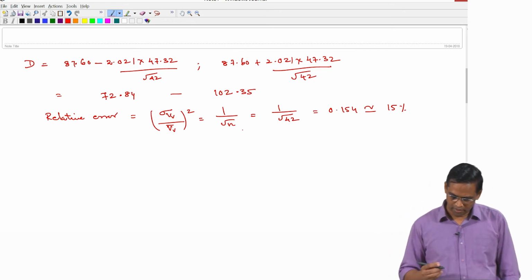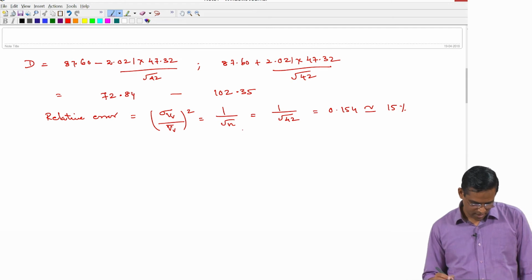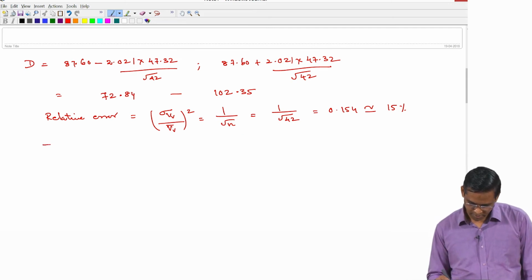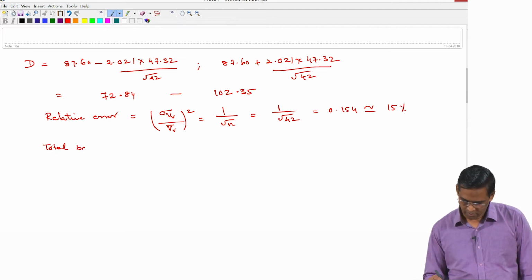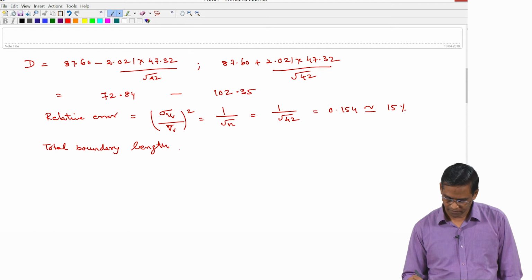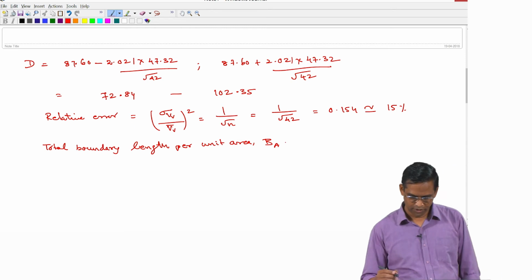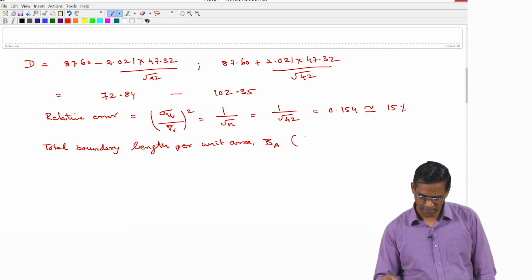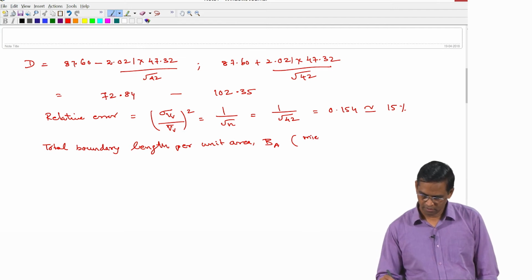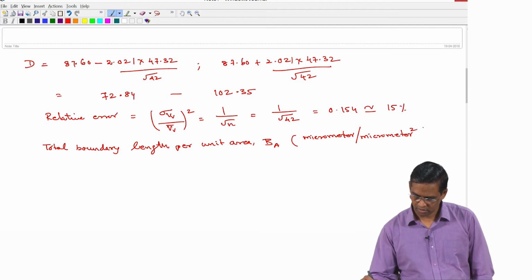And the next parameter we can derive using this PP and PL is the total boundary length per unit area, that is BA, which you can write in the units micrometer per micrometer square, which is very important.